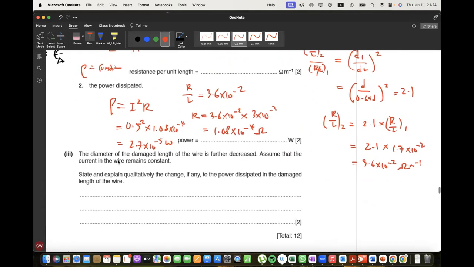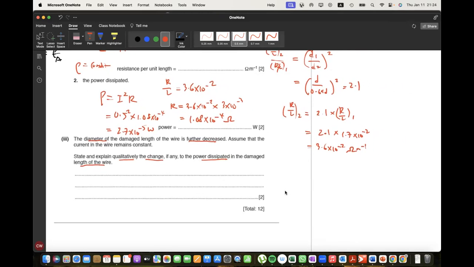Diameter further decrease in the damaged part. Explain qualitatively, it means no need to do calculation. The change to the power dissipated in the length. Diameter decrease. What happens when diameter decrease? It means become thinner, right? Thinner, resistance will increase or decrease?